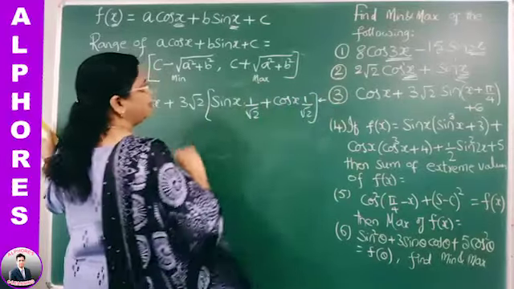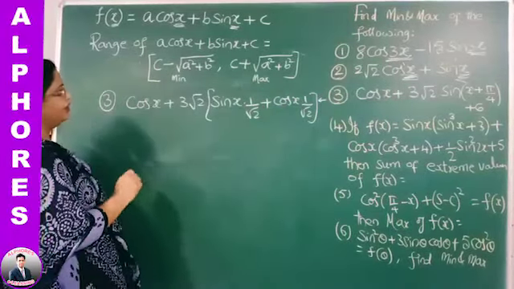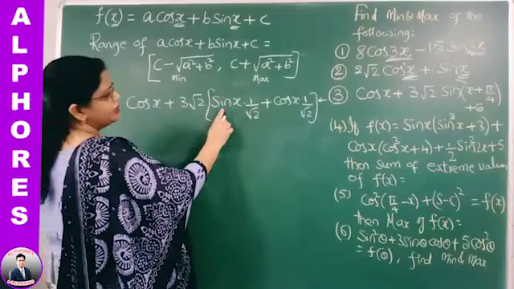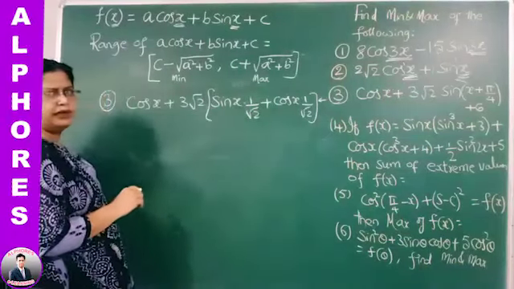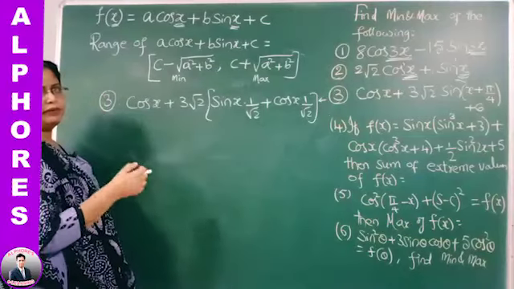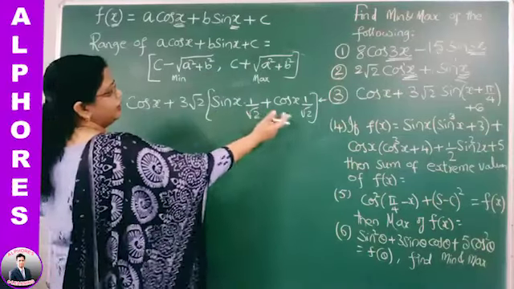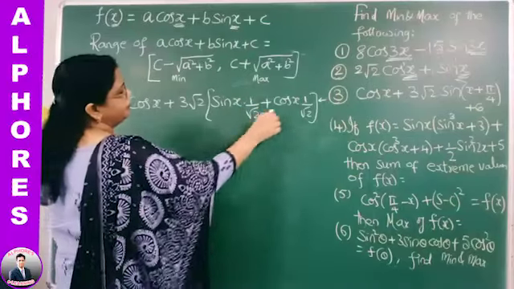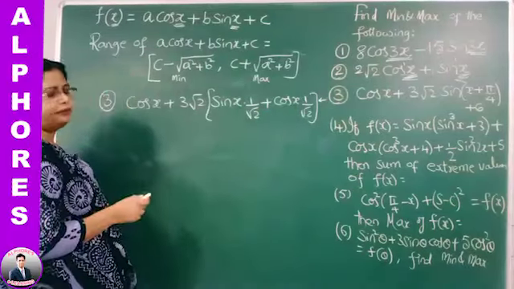So this is the problem we are doing. Okay, now it is cos x and after that we expanded sin of x plus pi by 4. As you are aware of sin pi by 4 and cos pi by 4, directly I wrote those values.